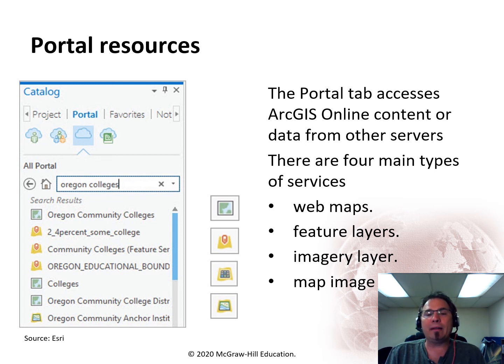Now there are four main types of services. There's web maps, feature layers, imagery layers, and map images. And we'll get more into those as we go on, but feature layers are the best because those are the ones you can just drag on your map and actually use, along with imagery layers. Map images are just sort of base map images.